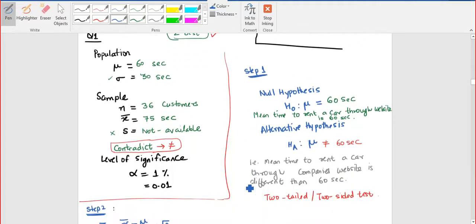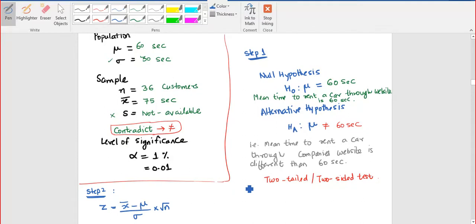Now we have all these values. X bar is 75, mu is 60. So let us substitute it here: x bar 75 minus mu 60, divided by sigma, which is 30, times square root of n, where n is 36.